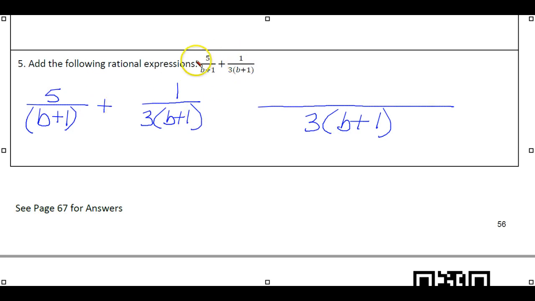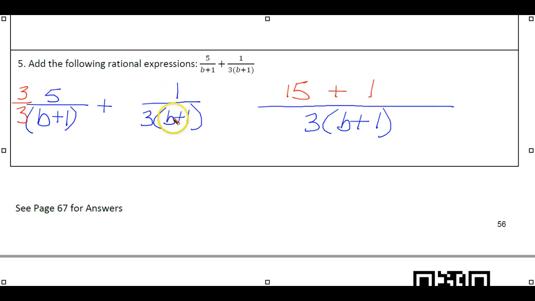So our example is written out here. What would be our common denominator? Well, the only thing we need in the first fraction is a 3. So we're going to multiply this by a 1 in the form of 3 over 3. All right, so this then becomes a 15 plus 1.